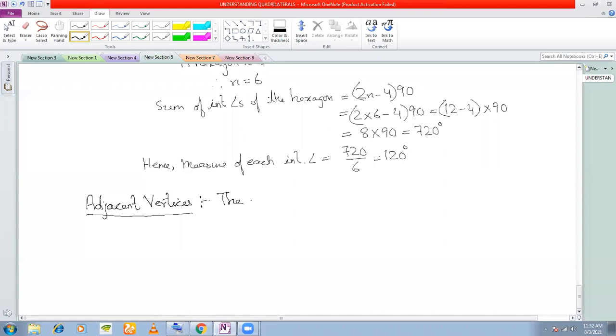The vertices containing a side of a polygon are called adjacent vertices.